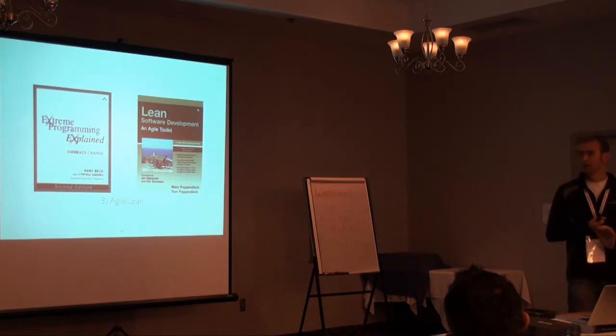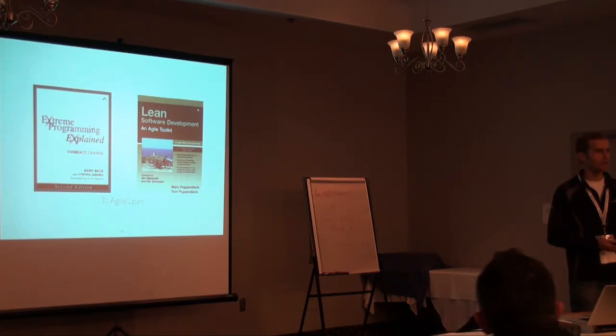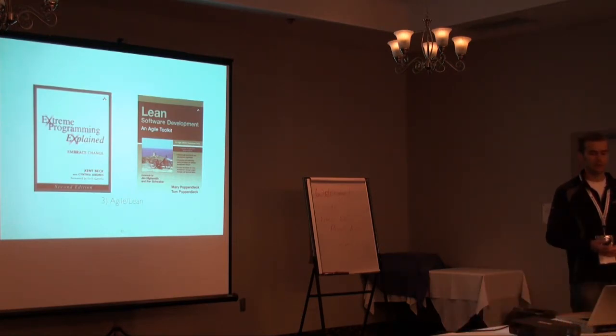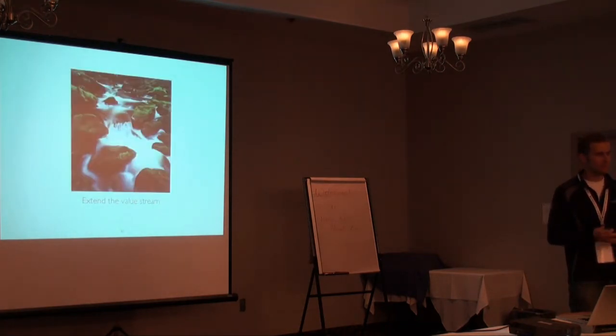So the third primary driver is the rise of Agile. I have to say this, I'm at an Agile conference. But there are certainly things that are key enablers within Agile that DevOps supports. Number one, as we mentioned, is frequent releases. Number two, from a lean perspective, is really looking to extend the value stream.